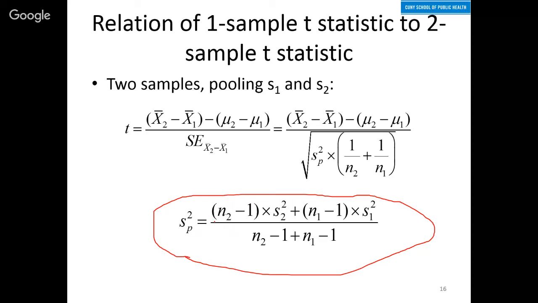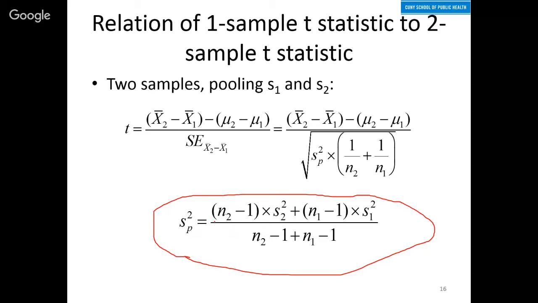So in this case, we have a fairly large sample size, so we can get a good estimate of the standard deviation from each sample. And I think we can reasonably expect that maybe the treatment does affect variability. So in this case, you should use the unpooled variances, allow for the variance to be different in the two groups. That's the top.